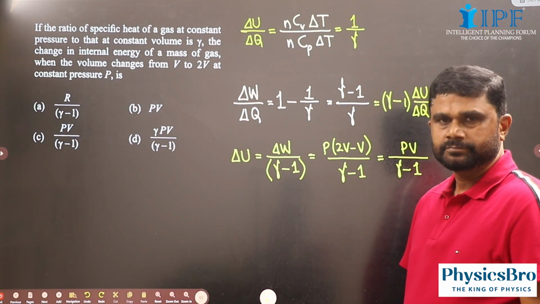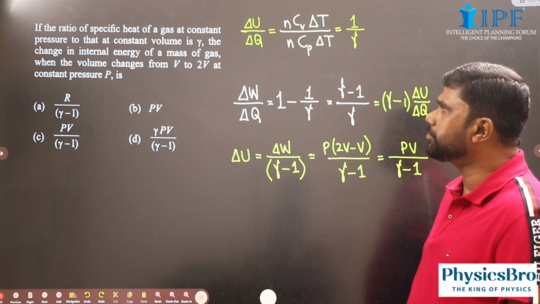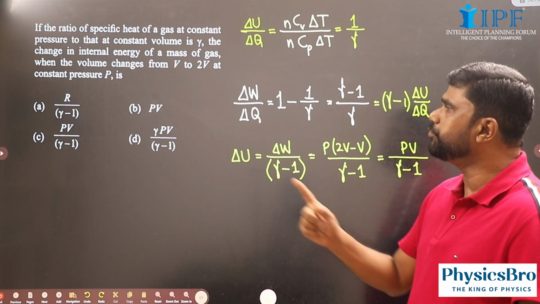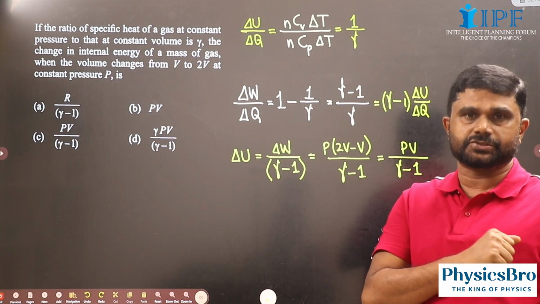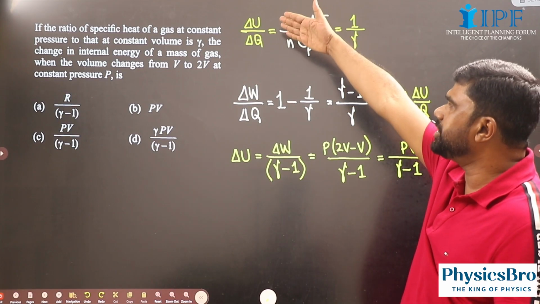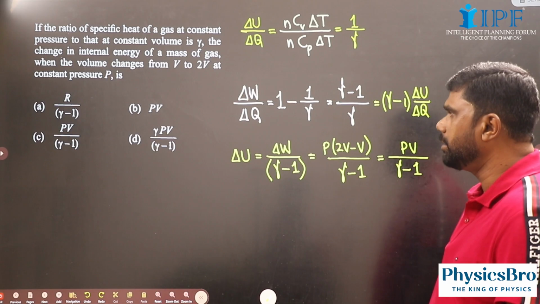Okay. Now let's see what we have. If the ratio of specific heat of a gas at constant pressure to that at constant volume is gamma, the change in internal energy of a mass of gas when the volume changes from V to 2V at constant pressure P is? Okay. See, delta U, that is the change in internal energy, divided by delta Q, we will get 1 by gamma.